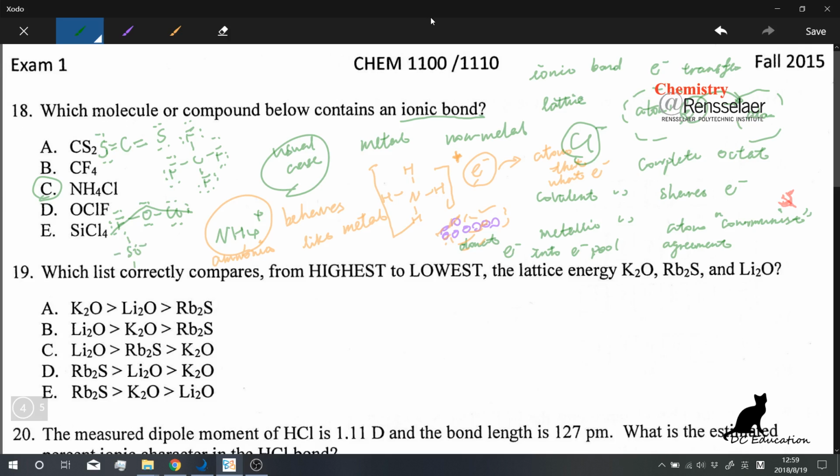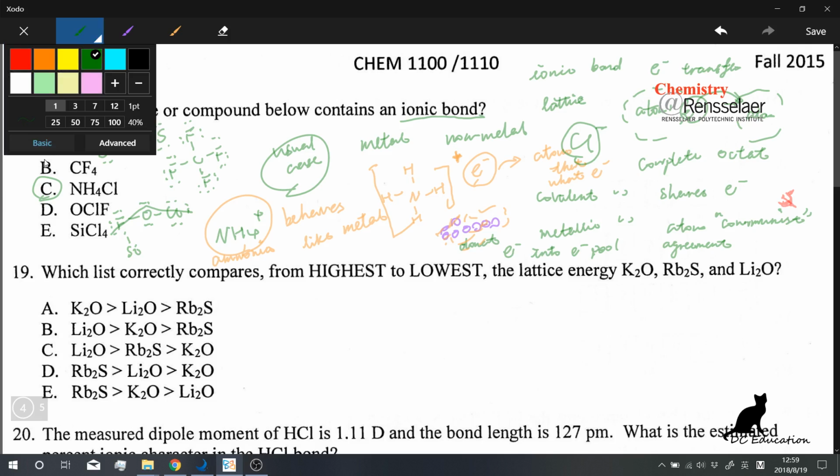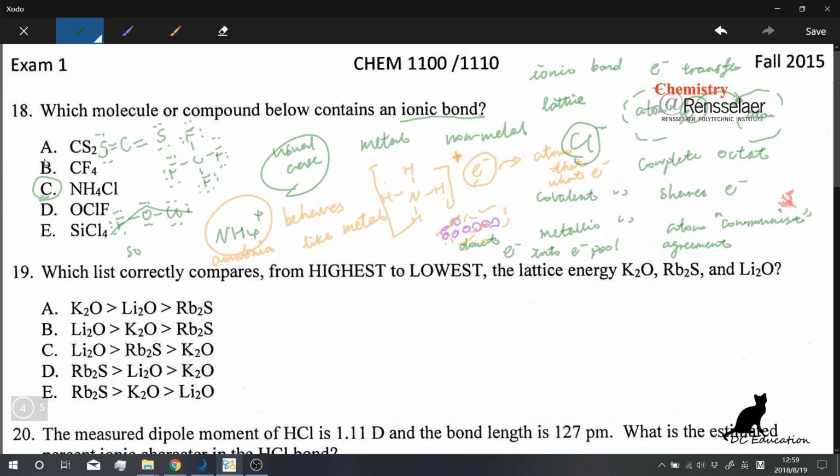So even if you don't remember that ammonium behaves like a metal, you can probably still get the correct answer by knowing that all these are not correct answers.